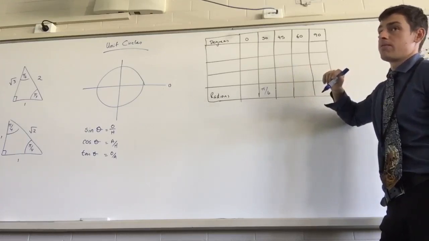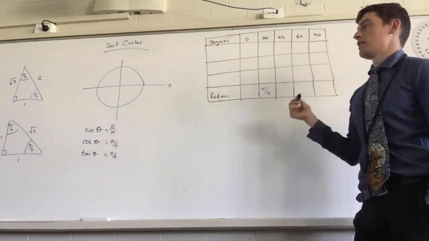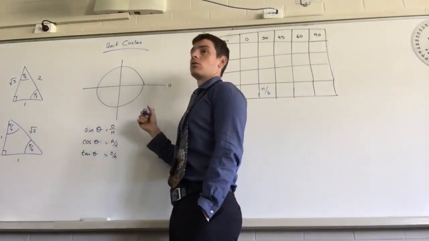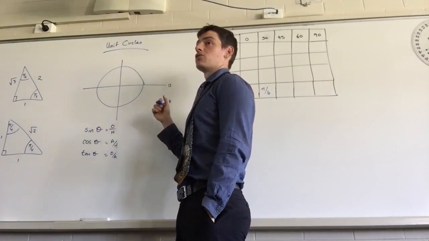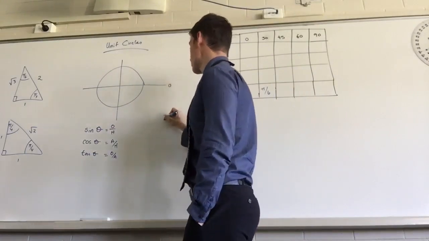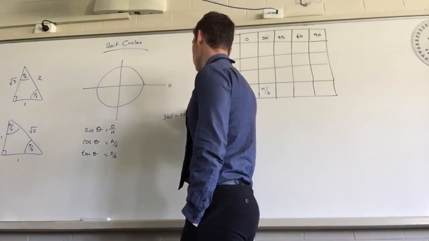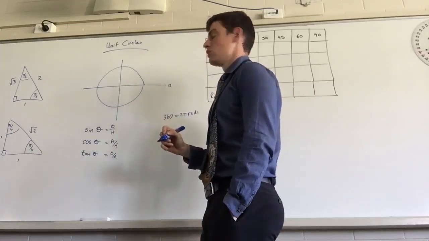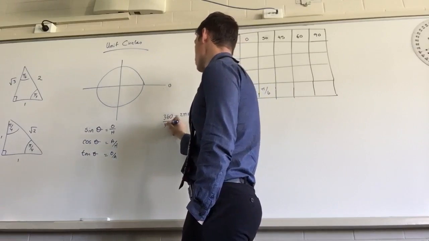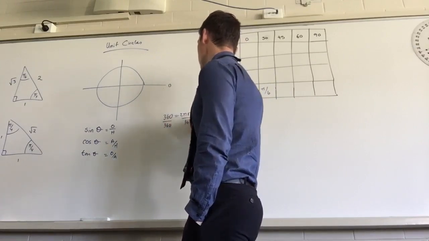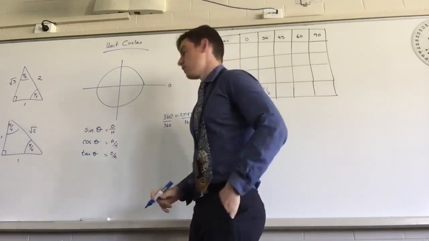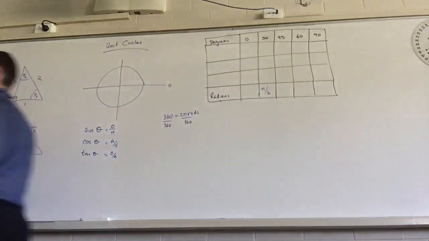Did everyone know that? The way I like to do it is: how many degrees are in a circle? How many radians are in a circle? So 360 degrees equals 2 pi radians. Cool. So 1 degree, therefore, if I divide both sides by 360, I multiply by that amount. If I want to go the other way, I'd obviously do the opposite, divide both sides by 2 pi.